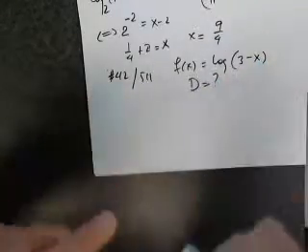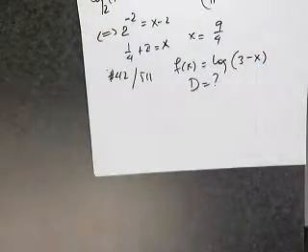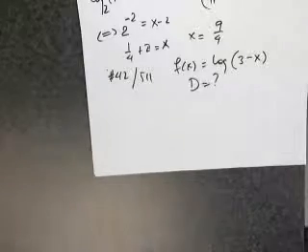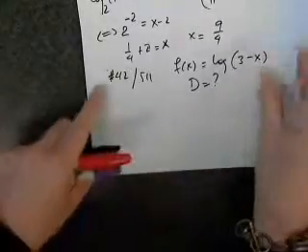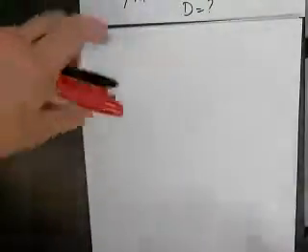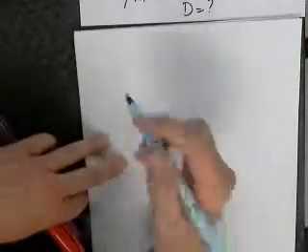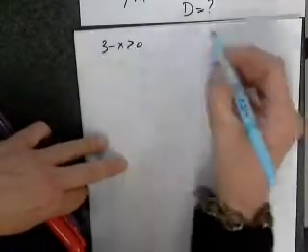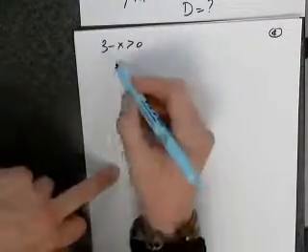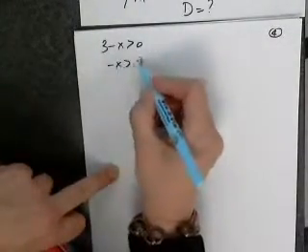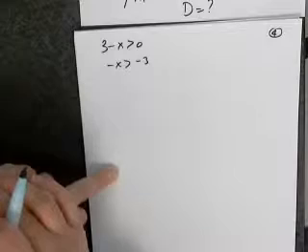They're asking us to find the domain of this function. What do I have to write? Of course. Absolutely. 3 minus x is greater than 0. And what do I write now? Moving 3 to the other side. And then what do I do?